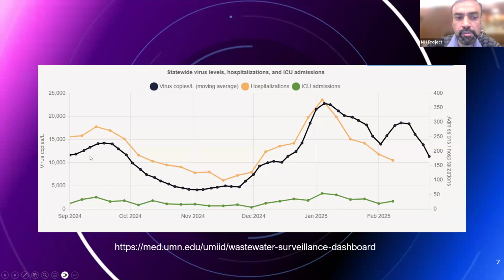You can see the patterns: whenever virus copies are present in the wastewater, the hospitalization rates are correlated with it. Like there is a peak of viral copies in the wastewater, then there is a peak of hospitalization as well, and you can see the ICU admissions at that time as well.